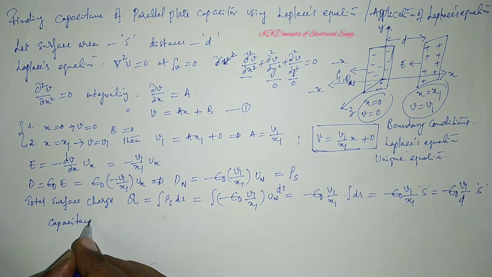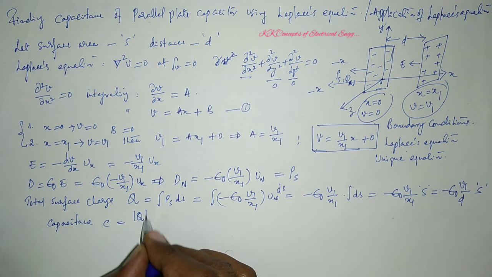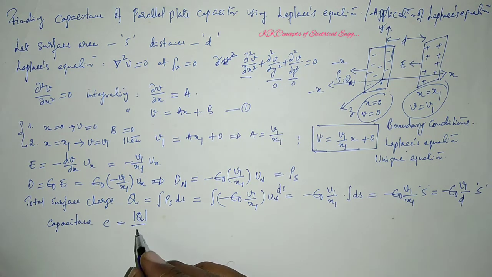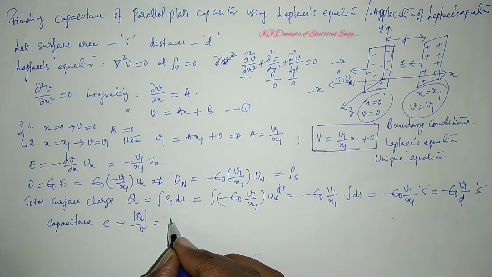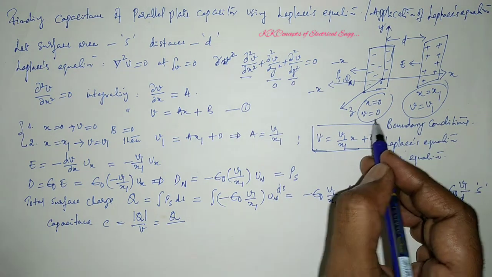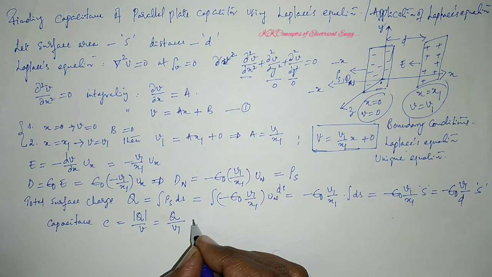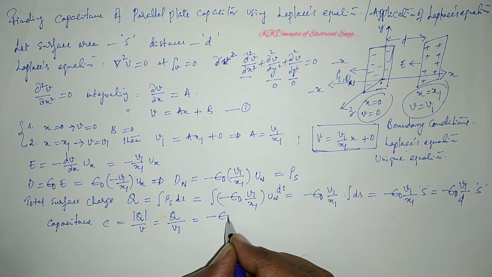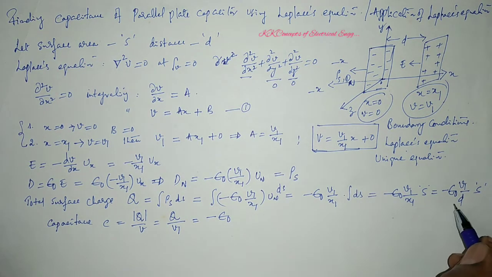Capacitance C equals to total charge magnitude divided by the voltage V, that equals to Q divided by the total voltage increased from 0 to V1. So V1, that equals to minus epsilon naught. Substitute the value of Q is equal to this.